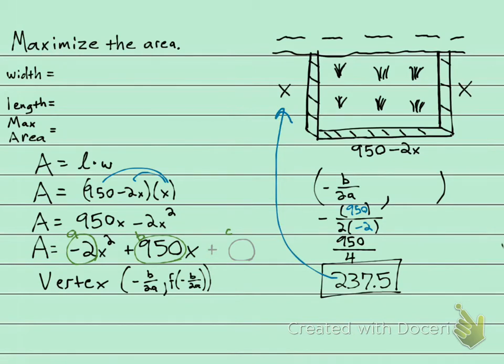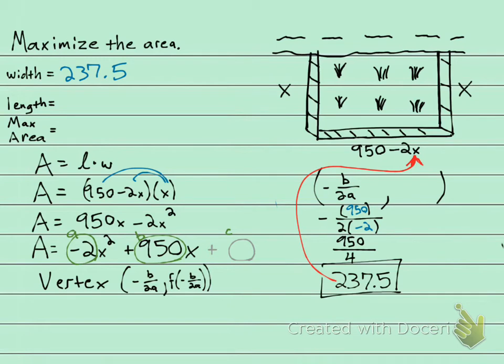So if they want to know the width to maximize my planting area, it is going to be 237.5. Now I can plug this in to my equation, which I made right here, to find the maximum area. But the second question is also going to ask, what is the length? So if I take that 237.5, which is my x, and I plug it in right here, I can find my length.